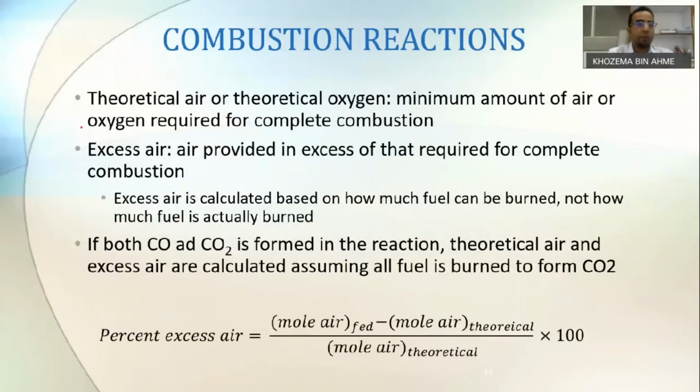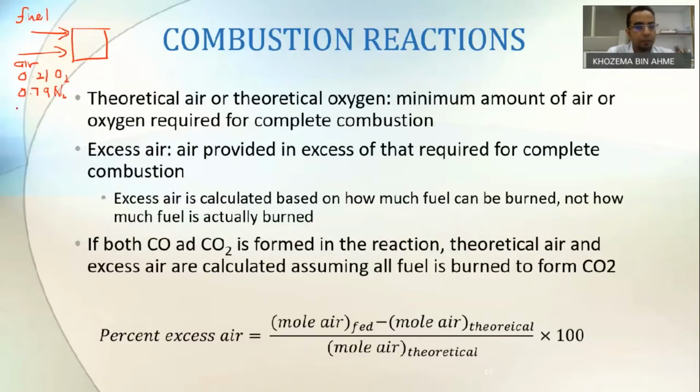If you remember, when we have a feed, let's say this is our combustion reactor, we'll have a fuel coming in, and we will also have air coming in here. In our air, we have 0.21 oxygen and 0.79 nitrogen.